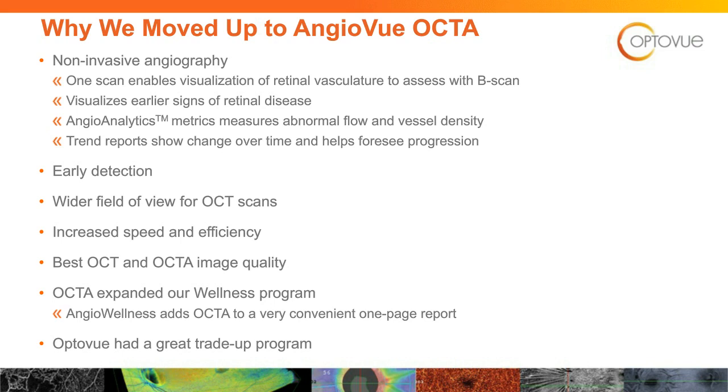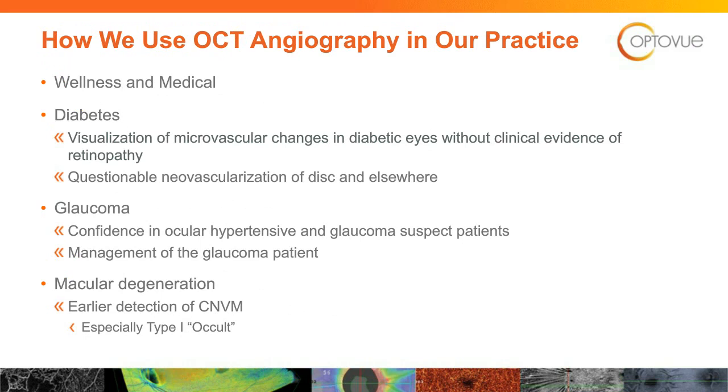And they had a great trade-up program at the time, so it just made it a no-brainer. I just did a talk recently, and I know those trade-up programs are still out there being pretty robust, so reach out to your local representative.